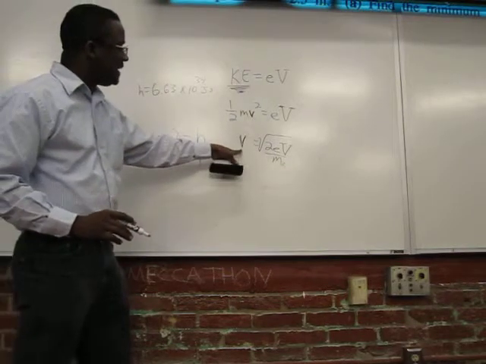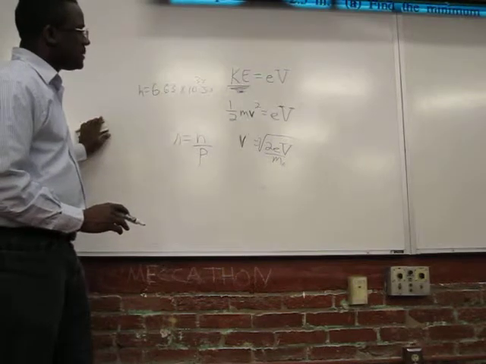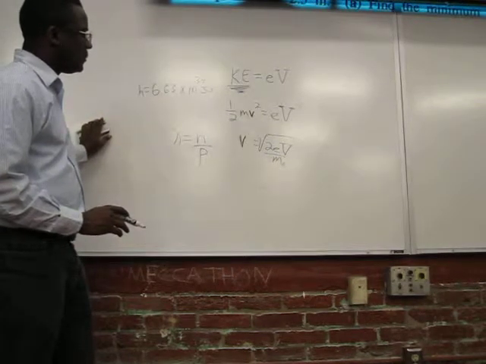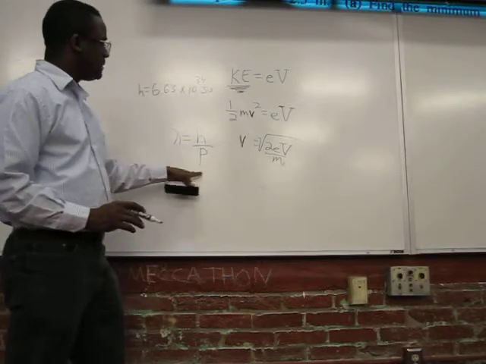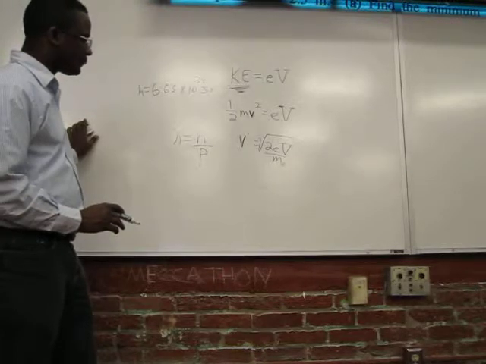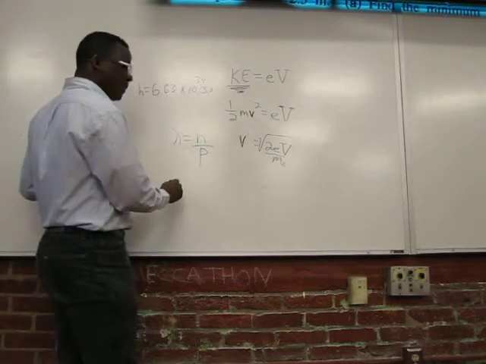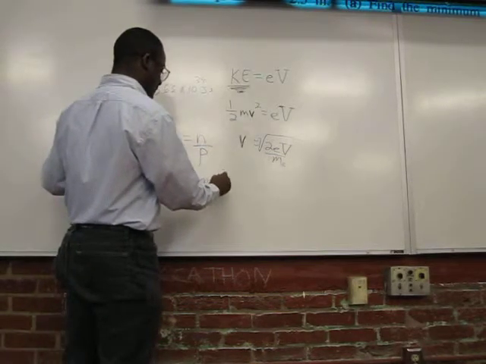But we only have v, the speed, right? So what do we do? How do we get momentum from speed? Well, momentum is mass times velocity.